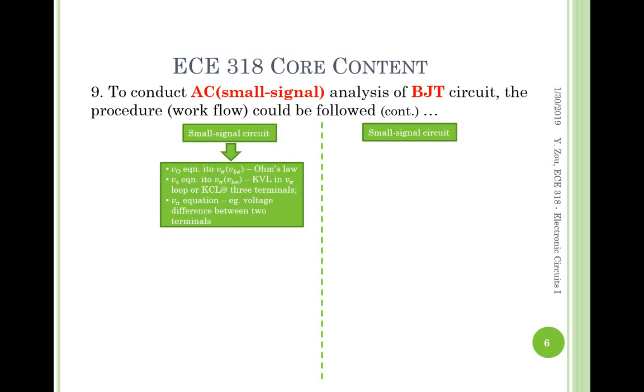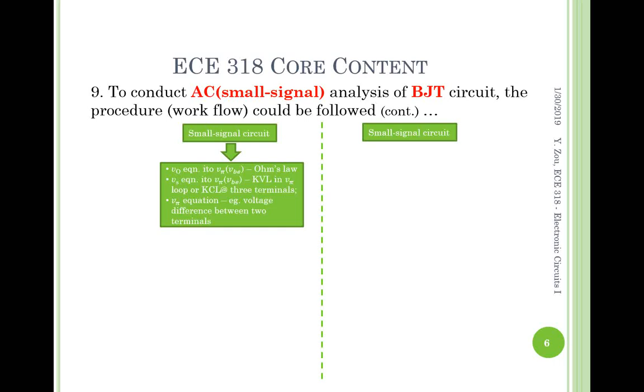The first equation is the output equation, expressing the output voltage in terms of V pi, which is also the VBE, by simply applying Ohm's law. The second equation is the input side equation, expressing the source voltage in terms of V pi as well. Here you might need KVL or KCL to link the Vs to Vin, and then from Vin to V pi.